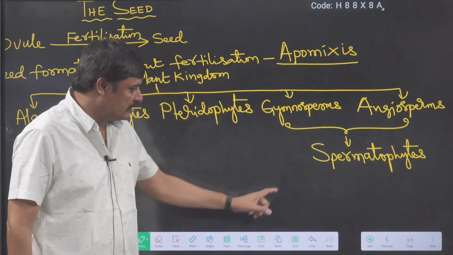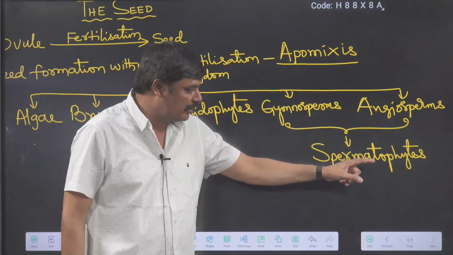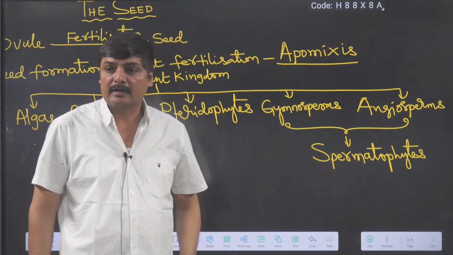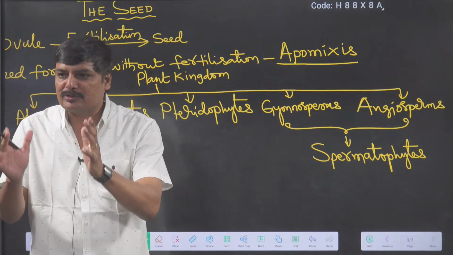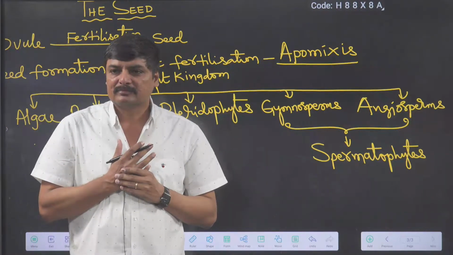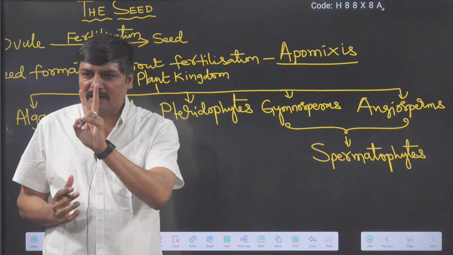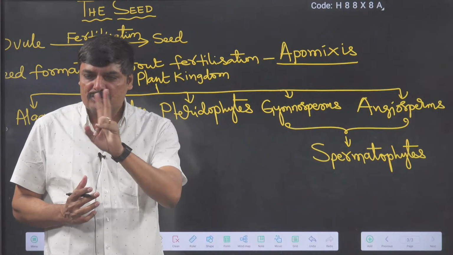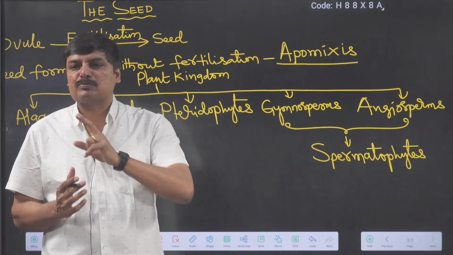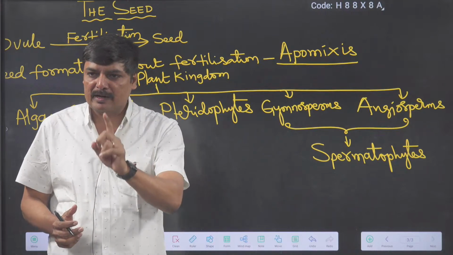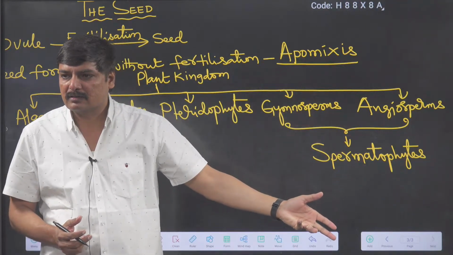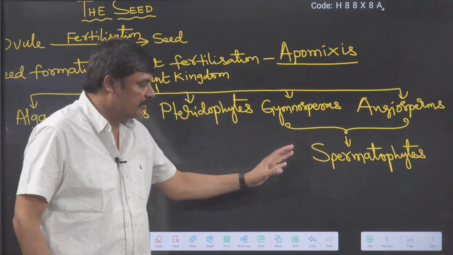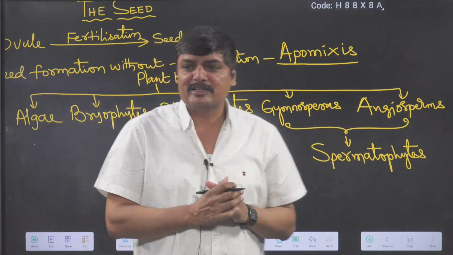Sperma means seed, phyton means plant, so spermatophytes means seed producing plants. So seed producing plants are two groups, gymnosperms and angiosperms: first seed plants and last, meaning advanced, seed plants. Okay, right. What is the difference between these two?